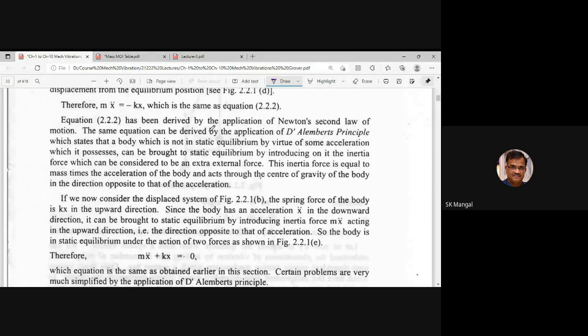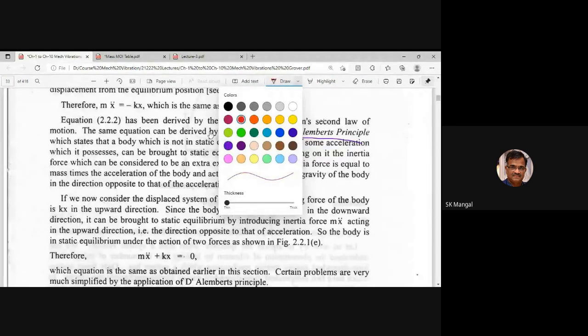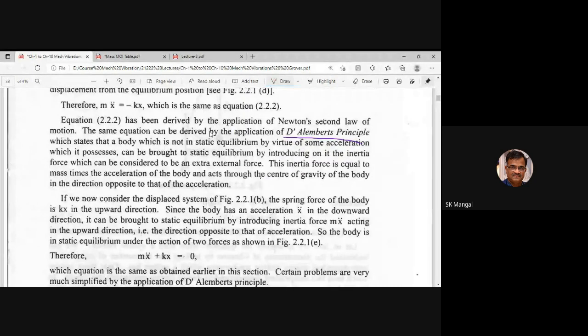Now the second method is D'Alembert's principle. We can also derive the same equation by D'Alembert's principle. This principle is basically converting a dynamic system into a static equilibrium condition. A dynamic system will have some acceleration, and so will have some accelerating force.